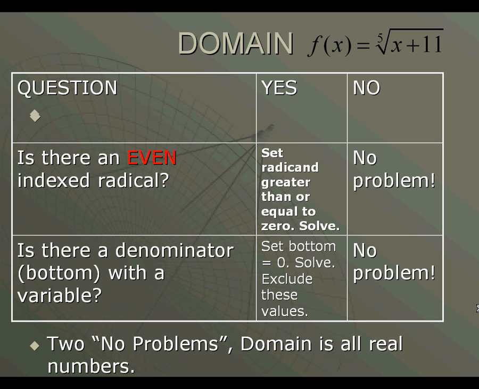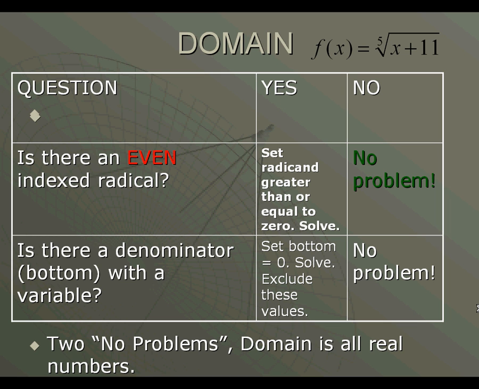Is there an even index radical? Look carefully. No, we do not have an even index radical because our index is 5. I cannot tell you how many students overlook this very important step. The first thing we want to do is to notice that yes, we have a radical, but it is not an even index radical.